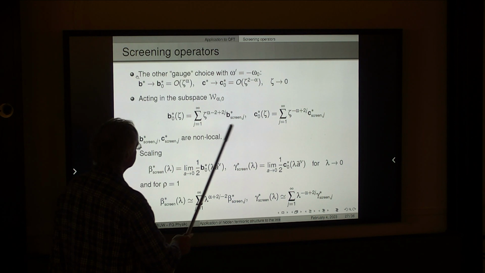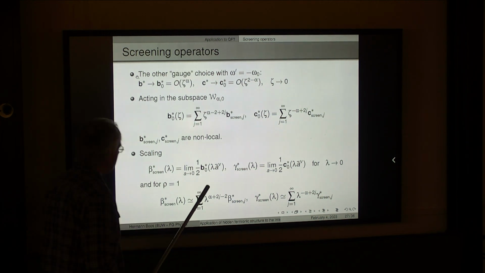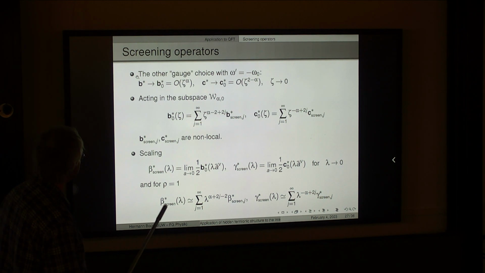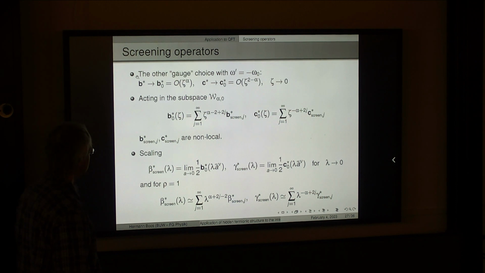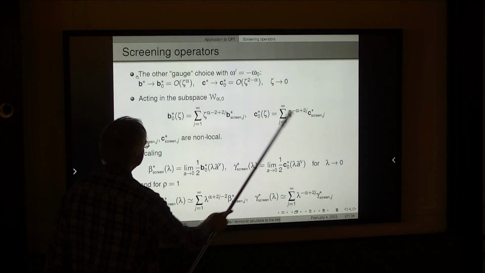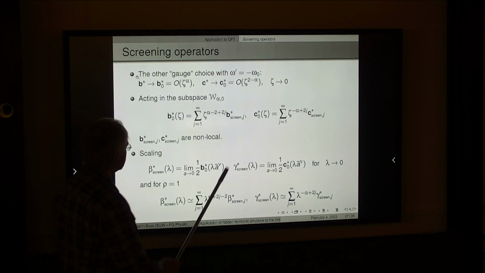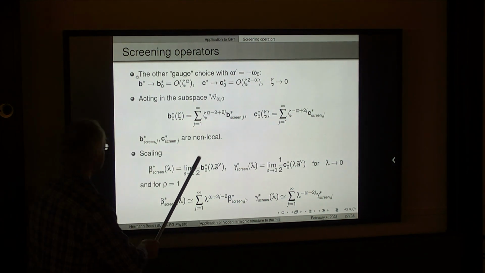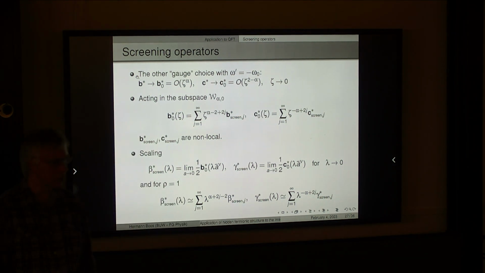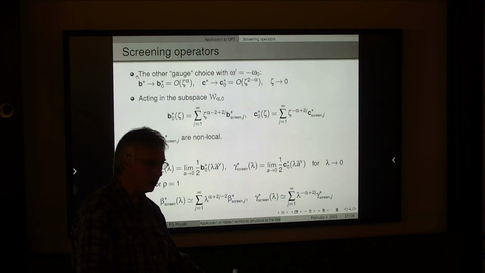So we get the following asymptotic formula for the subspace W alpha 0, and the coefficients here, we call them screening operators, B star screen J and C star screen J, they are non-local. So by this procedure, we create a non-local operator.